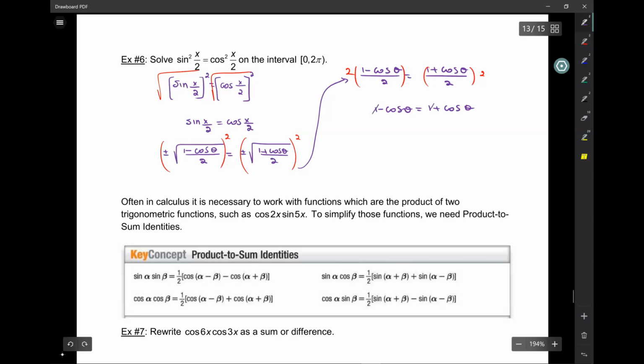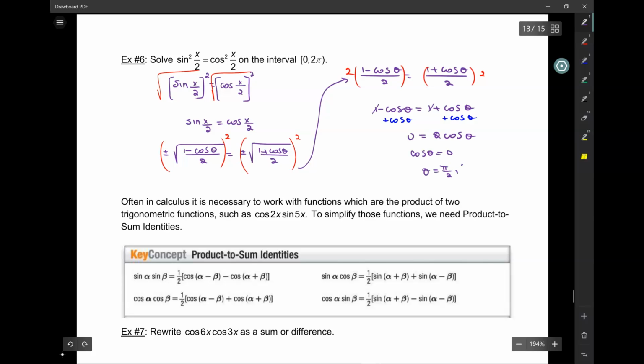A 1 cancels out from both sides, and then I can add cosine theta to both sides. So I have 0 equal to 2 cosine theta. And when is cosine theta 0?